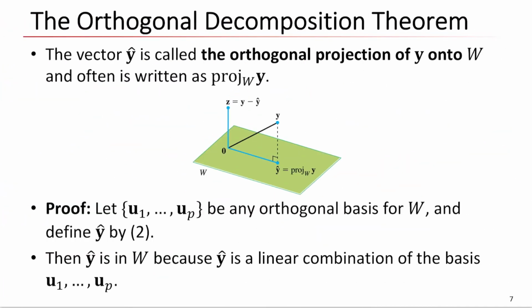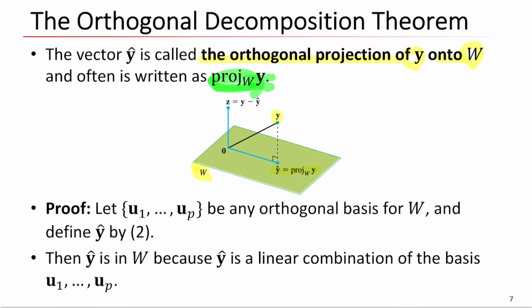And let's prove this theorem. Before starting, the vector y hat is called the orthogonal projection of y onto W. So this is y and this is W, and y hat represents the projection of y onto W, the orthogonal projection of y onto W, which is written like this, right?